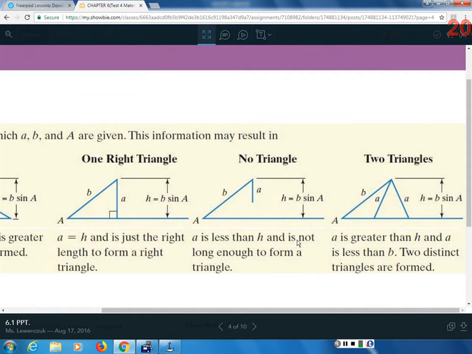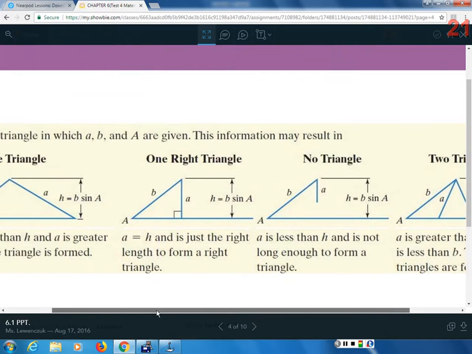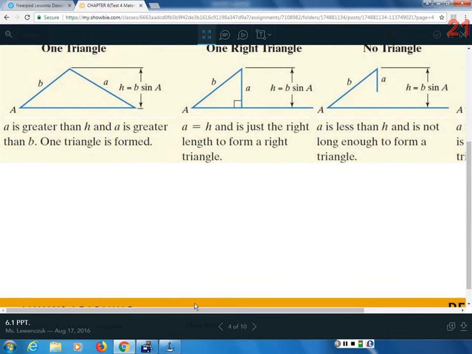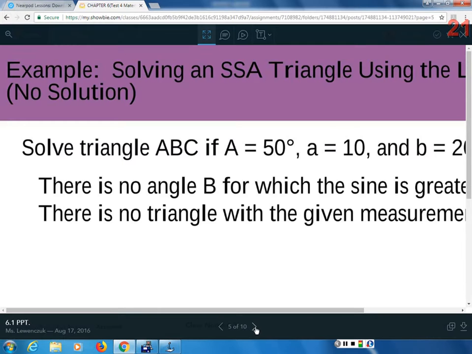Let's show some examples then. This is a slideshow posted on Shobi, so you might want to take a note. I just thought the pictures might help you understand it. So we're going to do this example now.